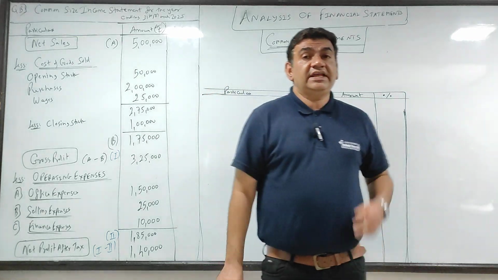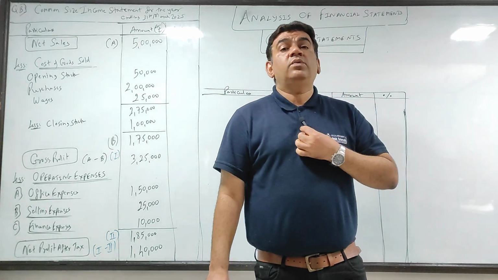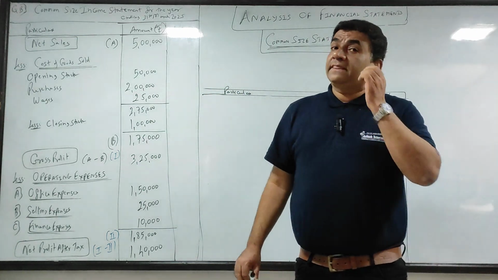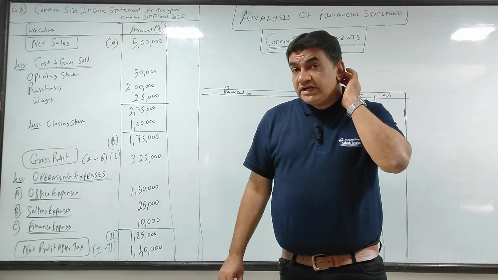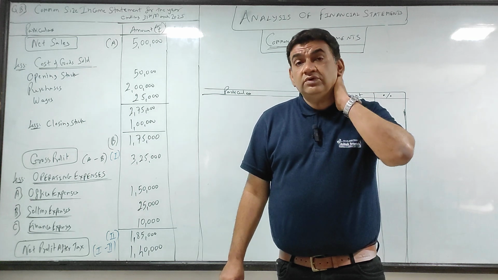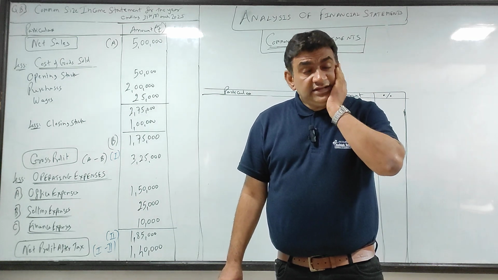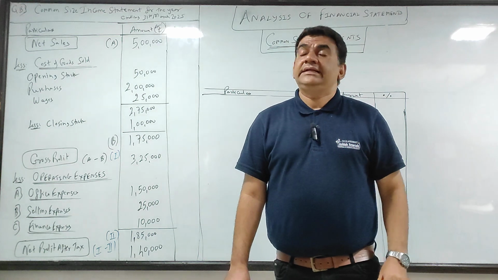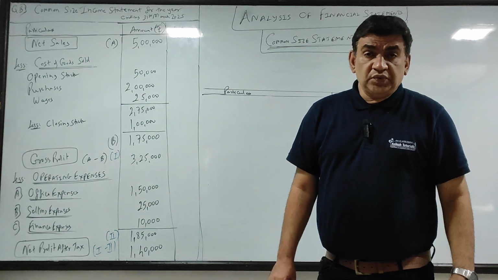What I told you on the very first day when we started the vertical income statement, I told you that the income statement will start with the major source of revenue.